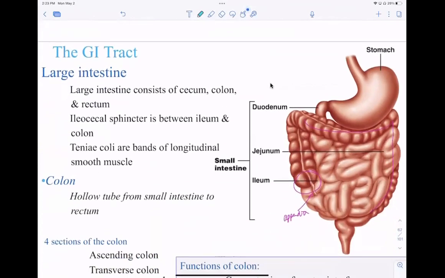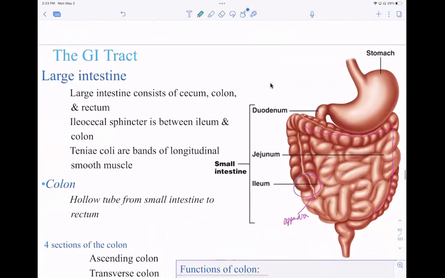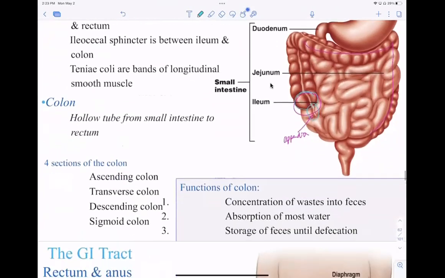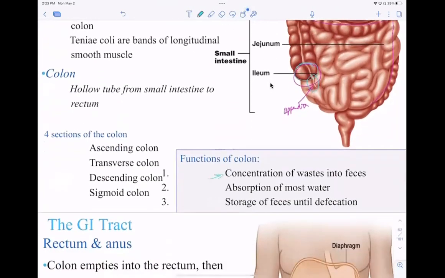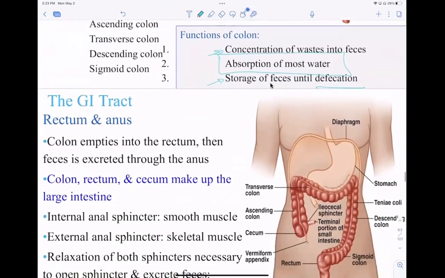Once the substance enters from the ileum of the small intestine into the large intestine, the first portion is called the cecum here, and the appendix hangs off the cecum. It's really a matter of concentrating the waste. So there's really absorption of water out of what was not absorbed into your body, and you compact it, concentrate it, store it, and then get rid of it, which is defecation.